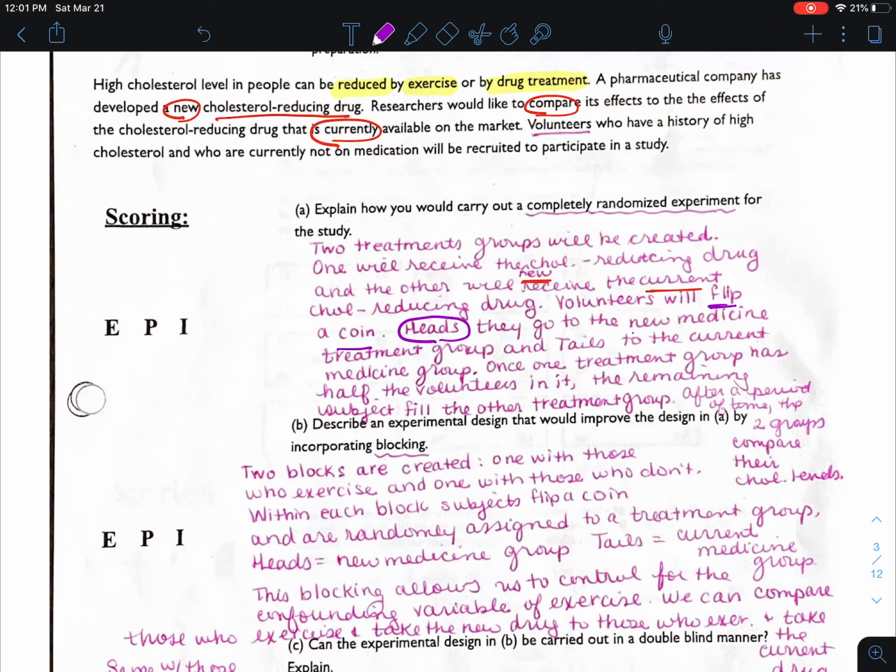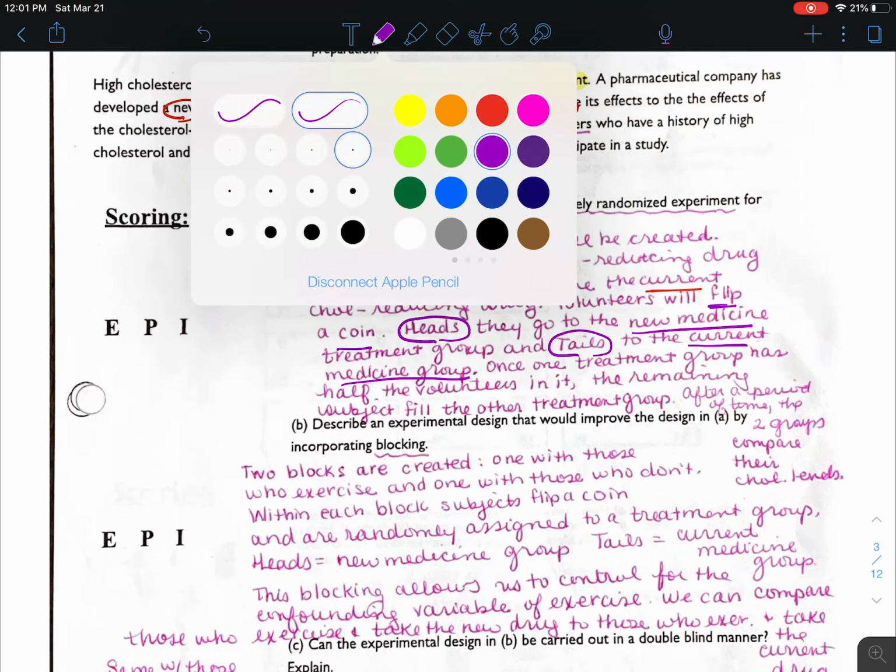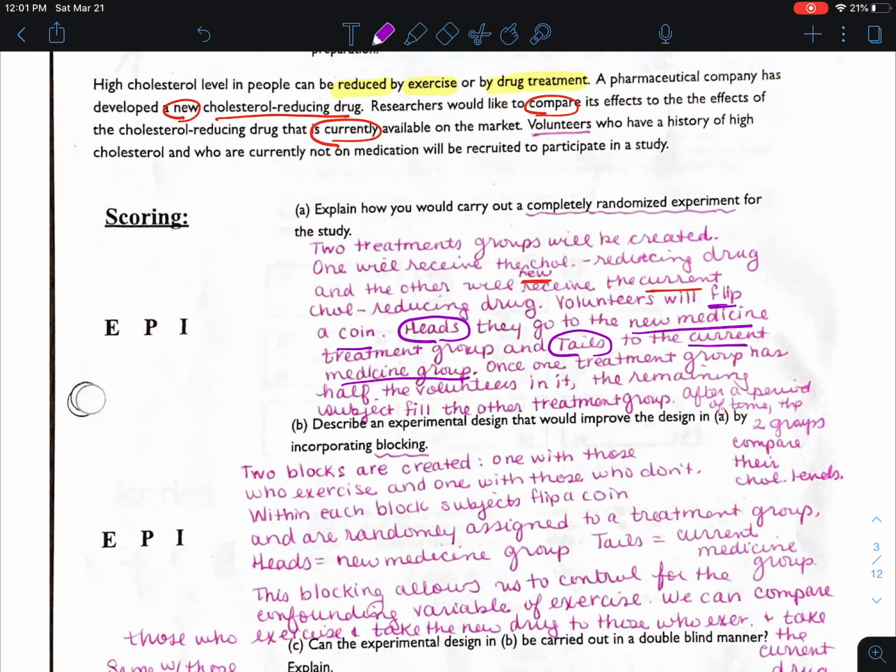If they get heads, they're going to go to the new medicine treatment group. If they get tails, they're going to the current medicine group. You could say put everybody's name in a hat, and the first half of the slips of paper that I pull out go to the new medicine treatment group, and all the remaining ones will go to the other. You could use a random number generator. The idea is you have to spell out in detail what the procedure is going to look like. And then it says here, after a period of time, the two groups would compare their cholesterol levels.